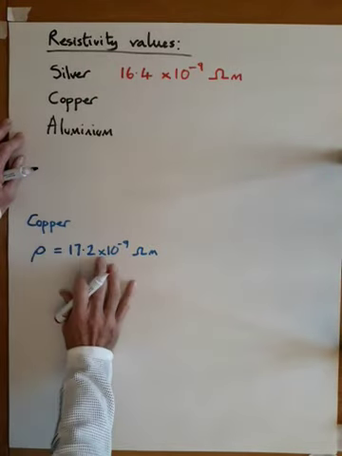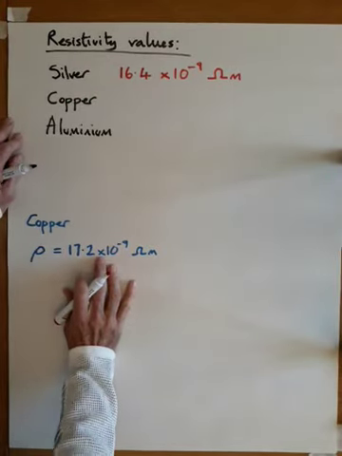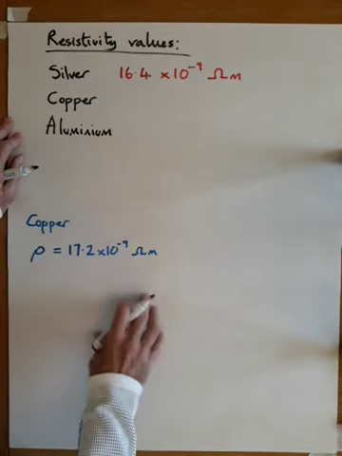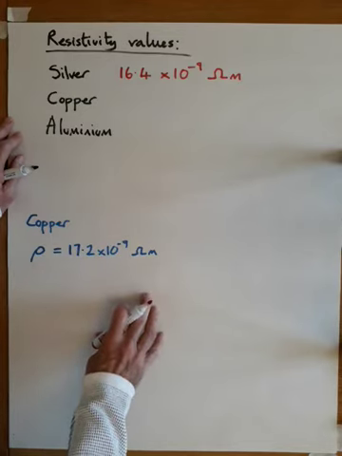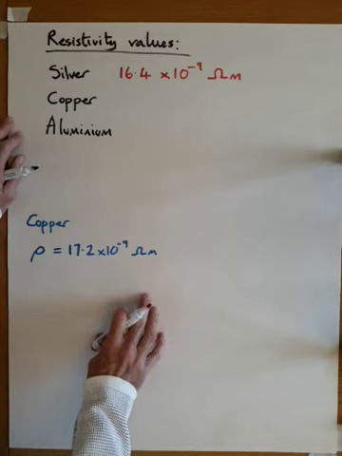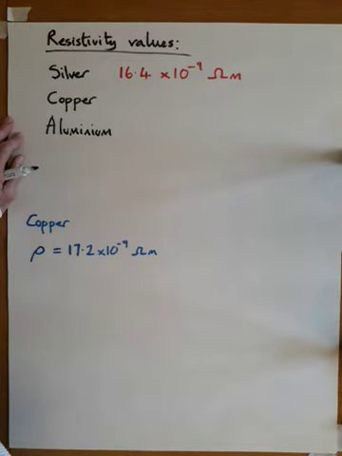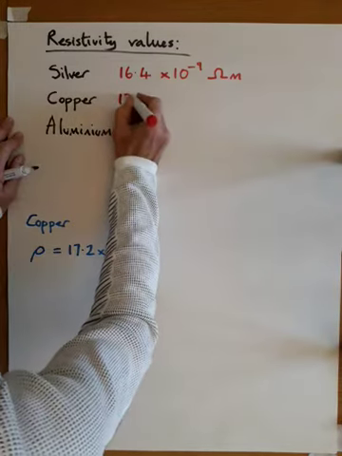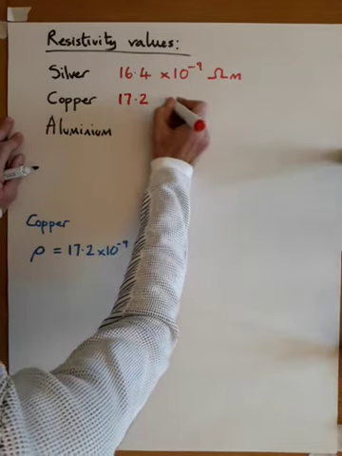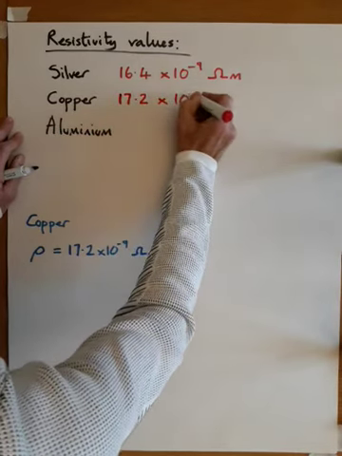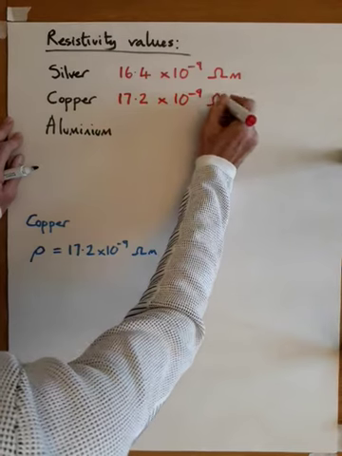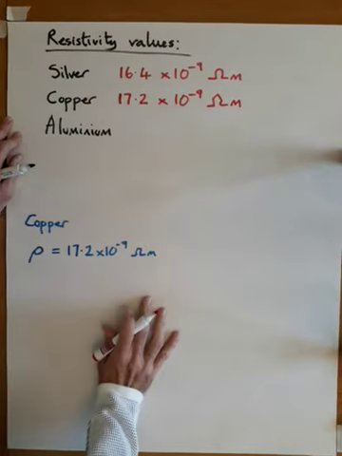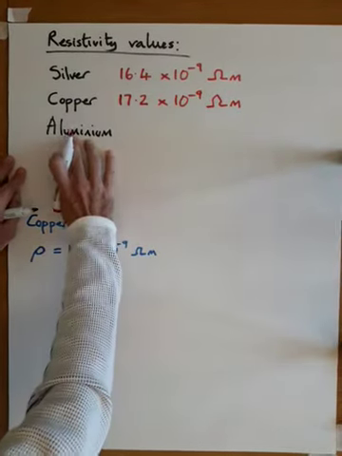If we come down to copper, which is our most popularly used conductor because it has the right properties like malleability, flexibility, ductility, etc., then copper is 17.2 times 10 to the minus 9 ohm meters. Aluminium is good.